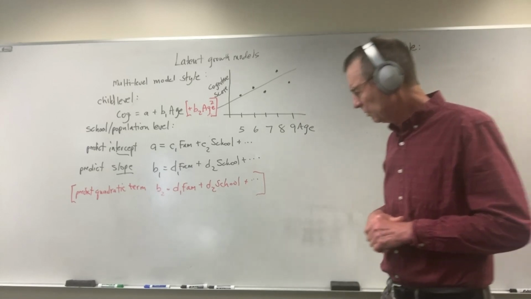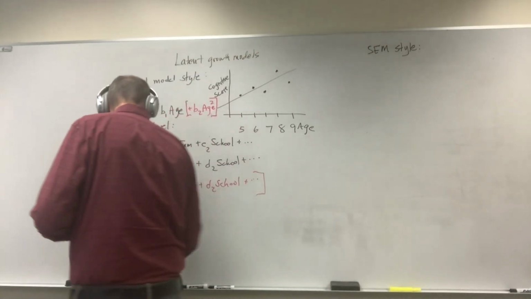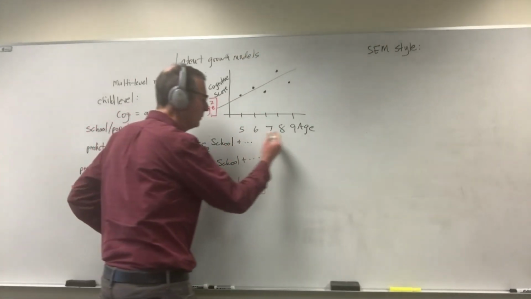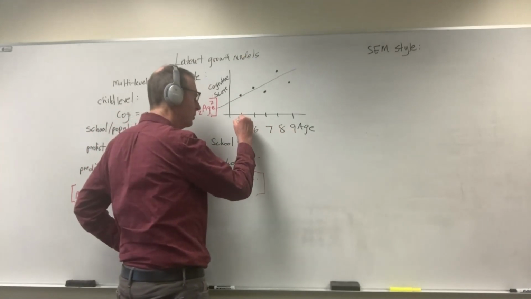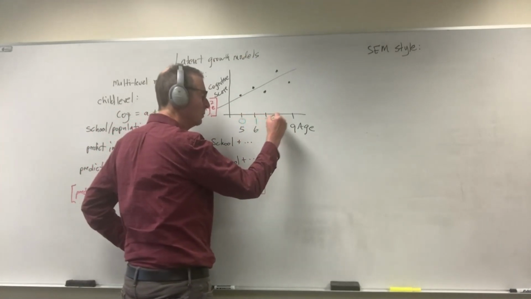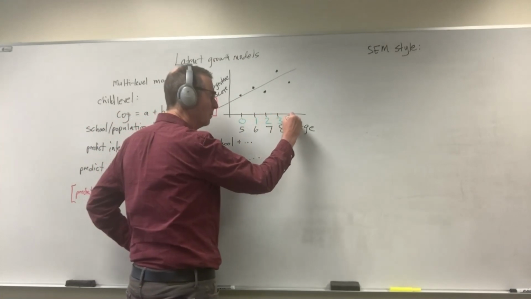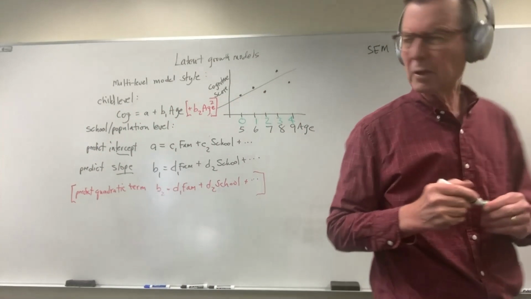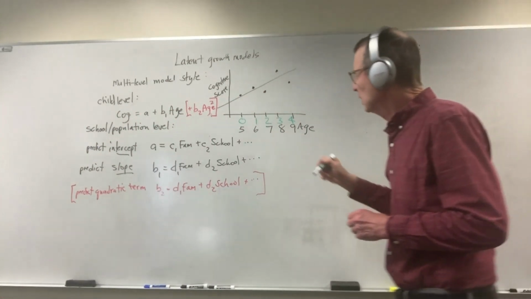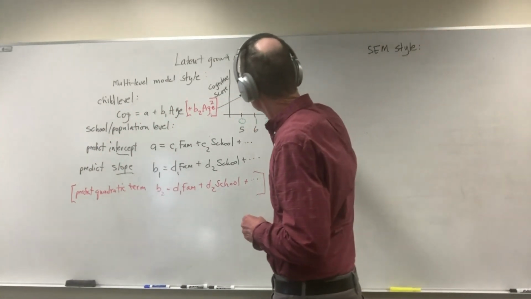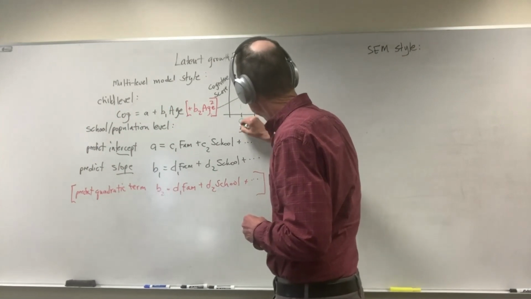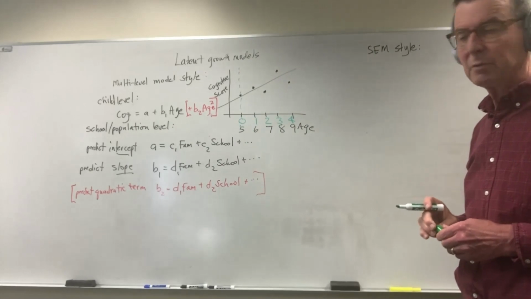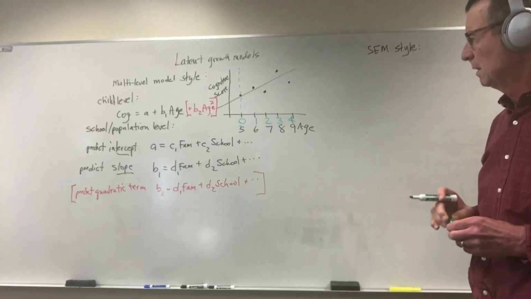So to work with this a little bit, let's rescale age. Instead of running from 5 to 9, let's start at 0, 1, 2, 3, 4. All right, that's a little bit easier because the intercept, where x equals 0, becomes coincident with the very first observation of 5-year-olds.